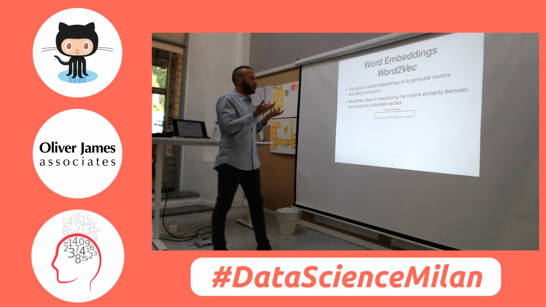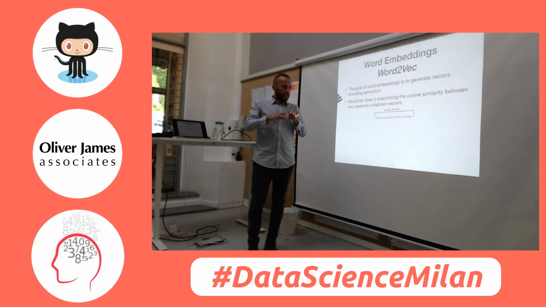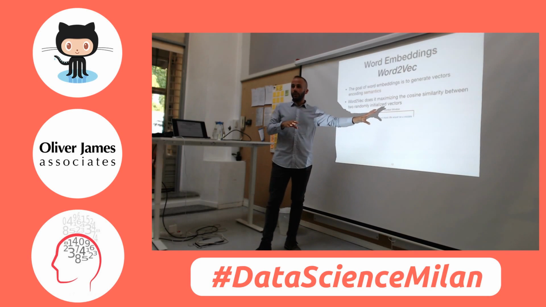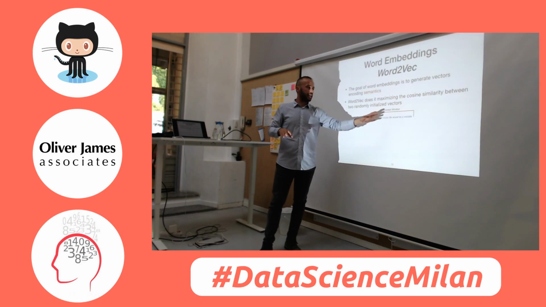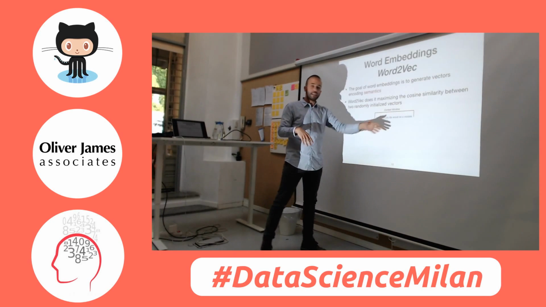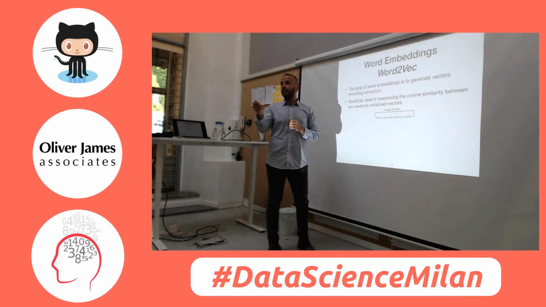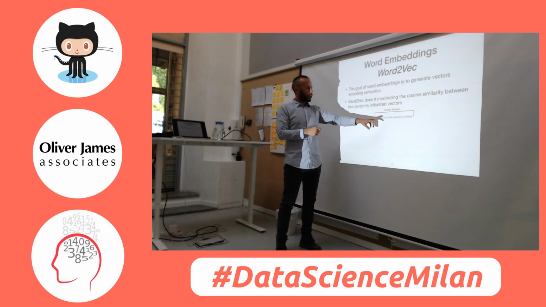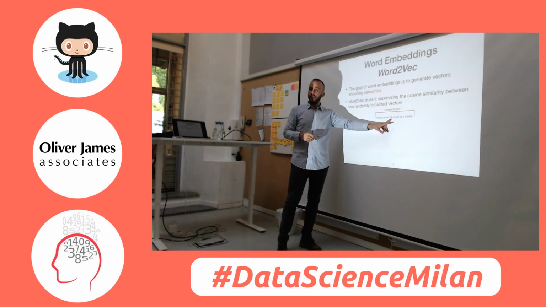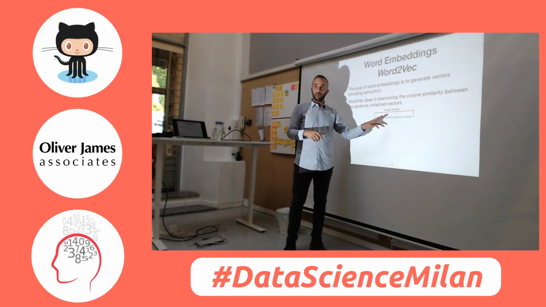Okay, so what's the goal of Word2Vec? The goal of Word2Vec is to say, okay, I'll fix a context window, which is telling me I'm not going to take the whole book all at once. I'm going to fix my window to, let's say, 6 words or 7. I'm going to pick one word at a time and try to see the probability of seeing one word given the others. And I'm going to do that for all the words in my context window.